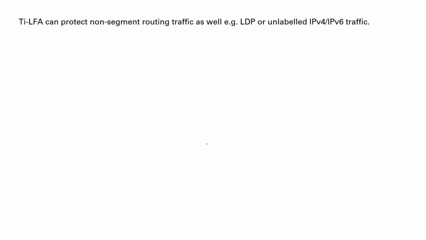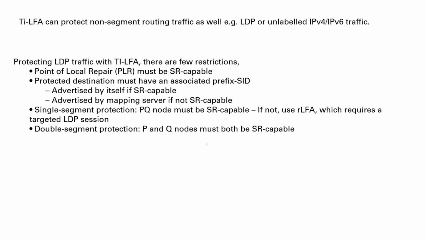So it can provide protection to LDP or unlabeled IPv4 or IPv6 traffic. To achieve it, there are some criteria we should meet before providing the Ti-LFA for LDP and unlabeled IPv4 traffic.